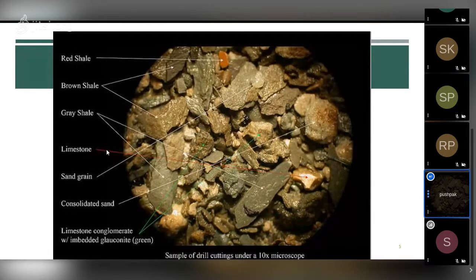Red shale, whose red color comes from hematite, that is ferric oxide. Goethite and limonite, which are iron hydroxides, show brown and yellow color. The micaceous minerals, that is the presence of chlorite, biotite, and illite, show a greenish color.